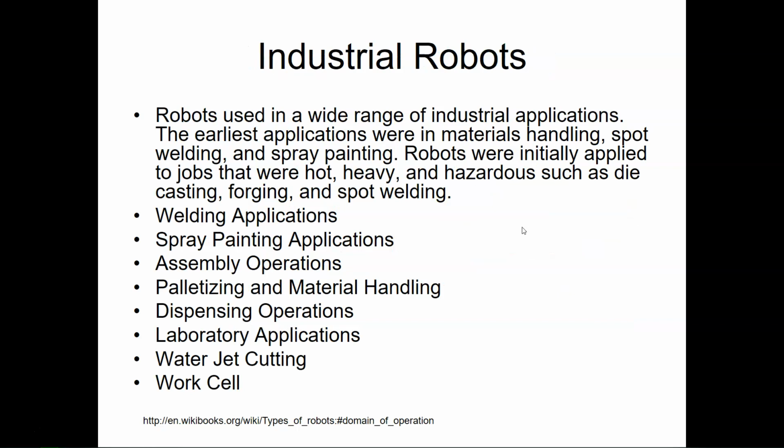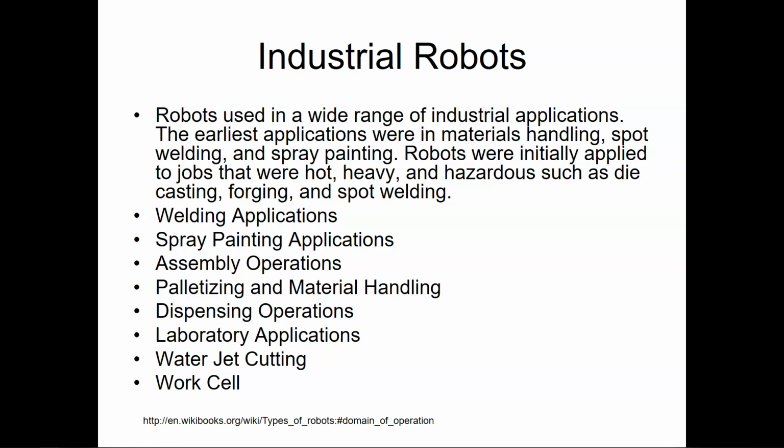Industrial robots. So these can be used for a lot of applications. The earliest ones were material handling, spot welding, spray painting. So these were jobs that humans don't really want. These are jobs that are hot or heavy or hazardous. Forging is one of the big ones.